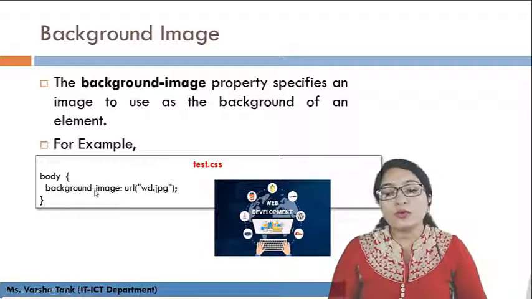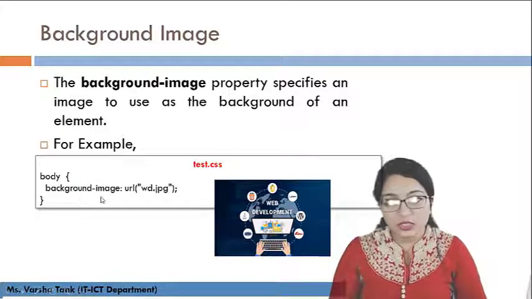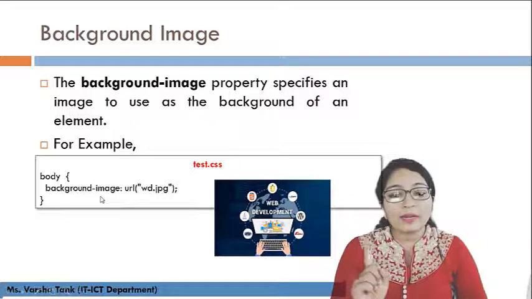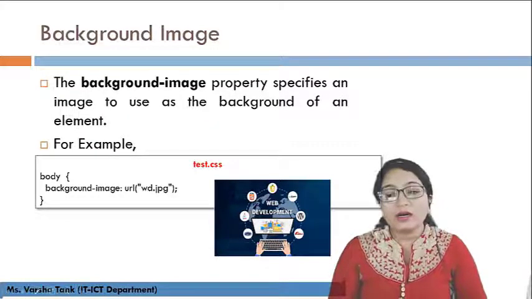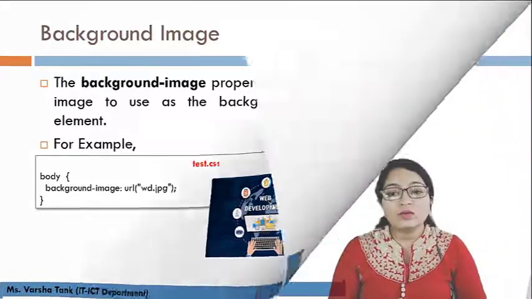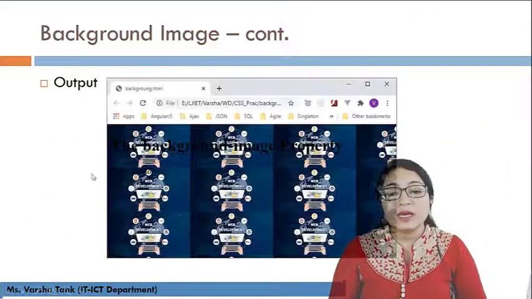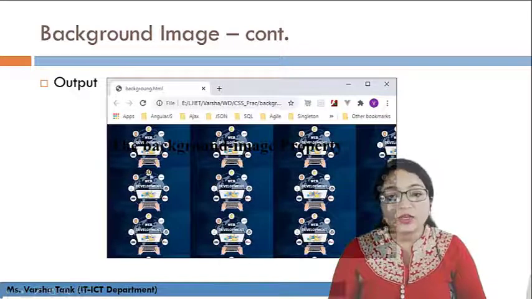For the color, you have to write background-color, and for the background image, you have to write the URL. In this URL, you have to specify the location of that image. So what will happen? Let's see. The output will be like this. This is what your background will be, in the image form.